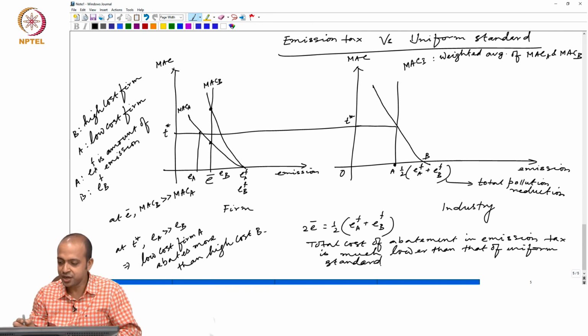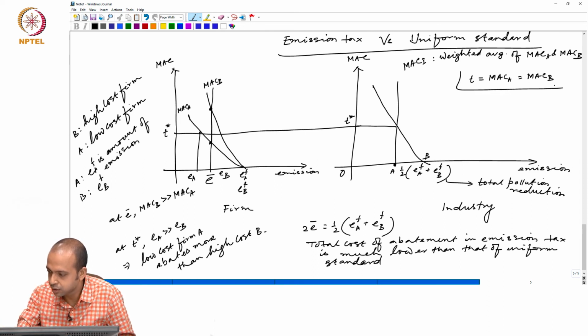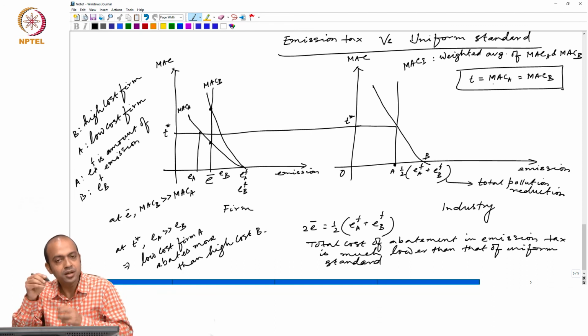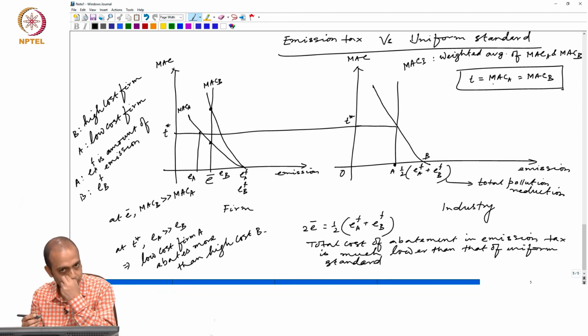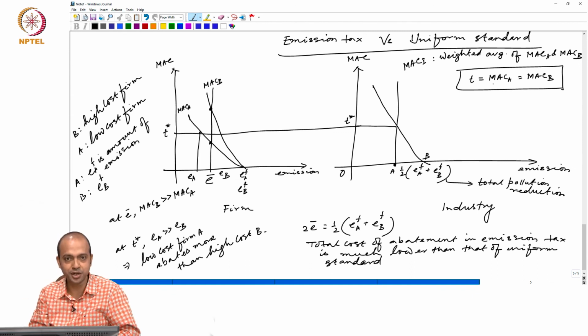Okay. Emission tax basically achieves this particular condition, T equals MAC A equals MAC B. So, each firm is equating its MAC with the tax rate and then deciding how much emission it should reduce at optimality.